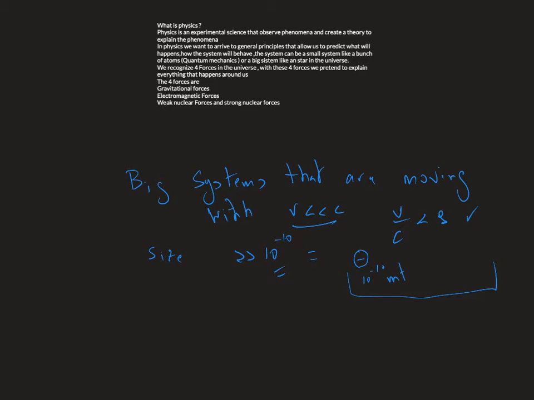In physics, we try to make a theory using 4 forces. We try to explain everything using 4 fundamental forces. We believe that there are only 4 forces in the universe. The first one is the gravitational force. It's mainly the force that makes you sit in your chair or makes the earth go around the sun.